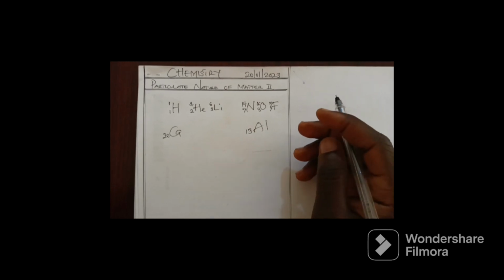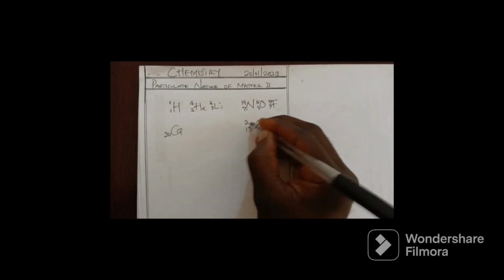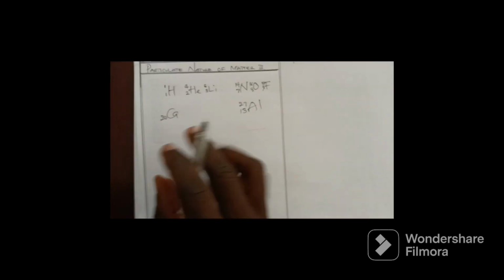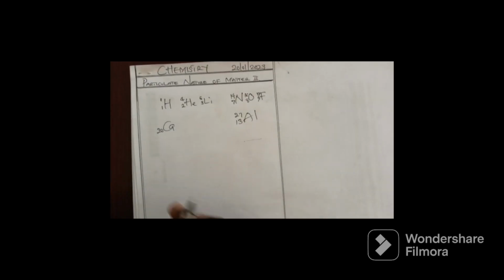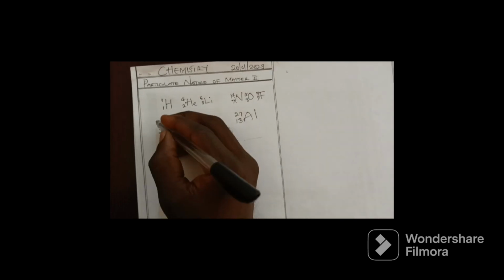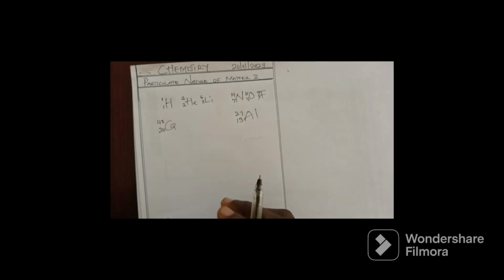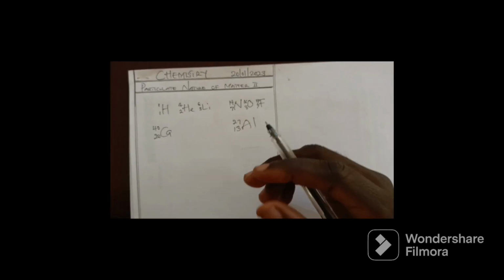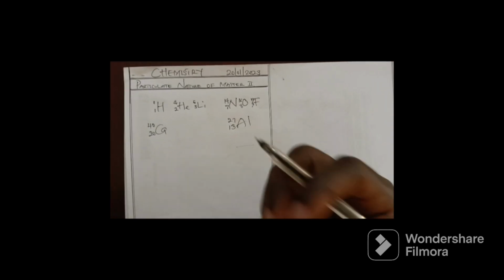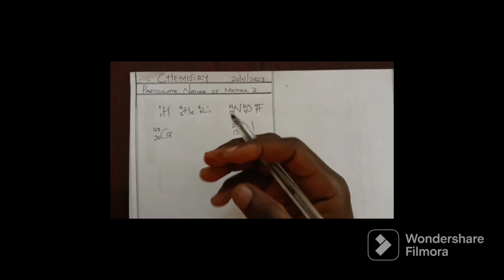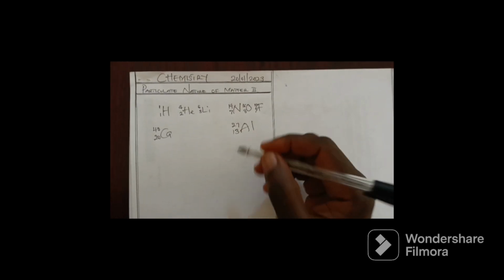Times 2 is 26 plus 1 is what? 27. Then let's come down to calcium. Calcium is 20. Now 20 times 2 will give us what? 40. With this, we have been able to establish how to determine the atomic number and the mass number of elements from 1 down to 20.